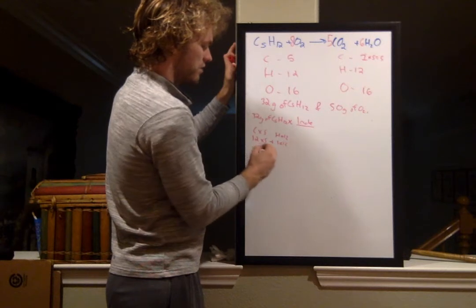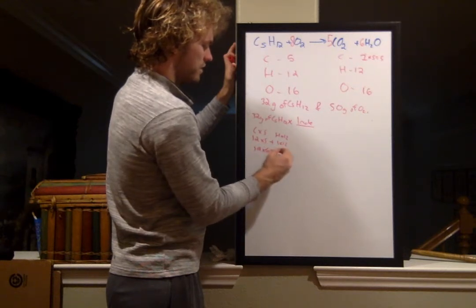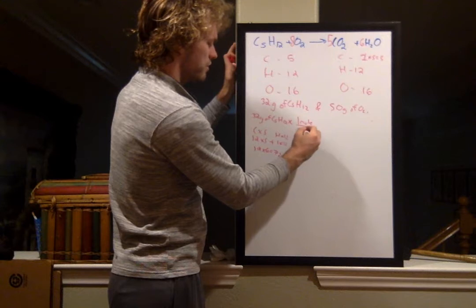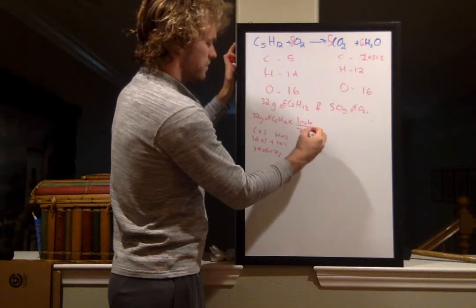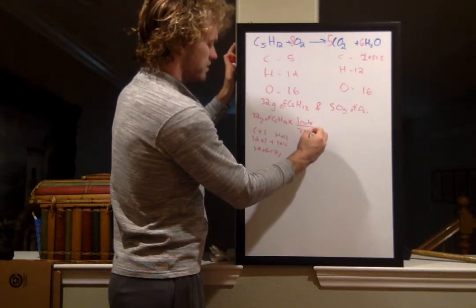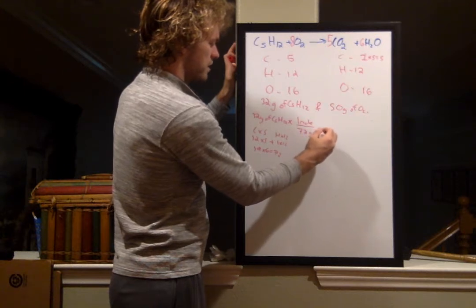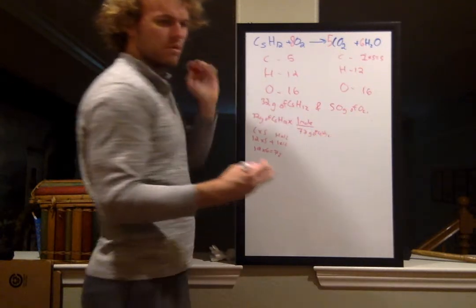So it's basically 12 times 6, which is 72. So 32 grams of C5H12 divided by 72 grams of C5H12. And I think that's pentane, if I'm correct.